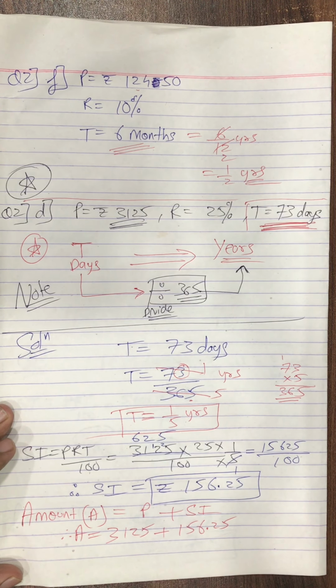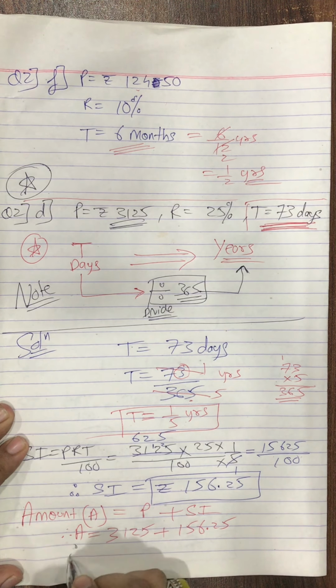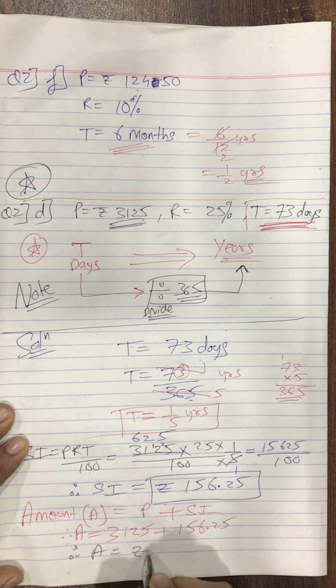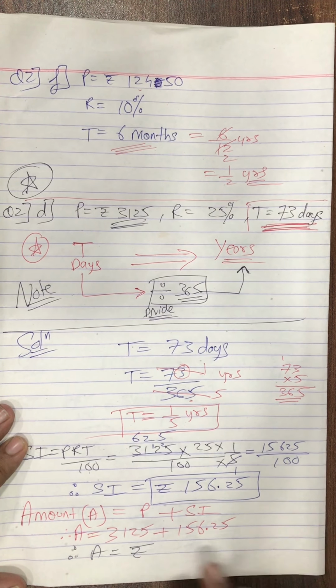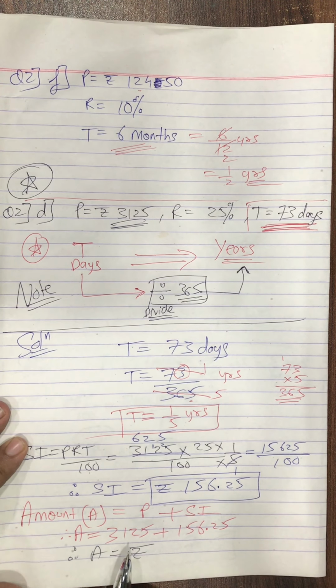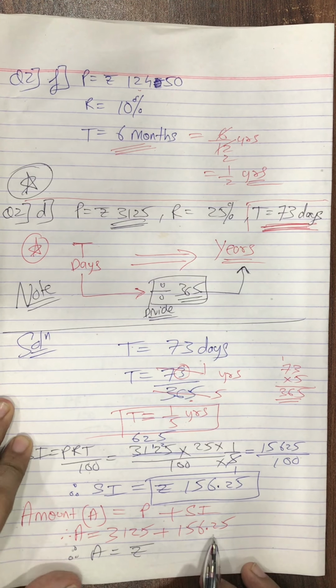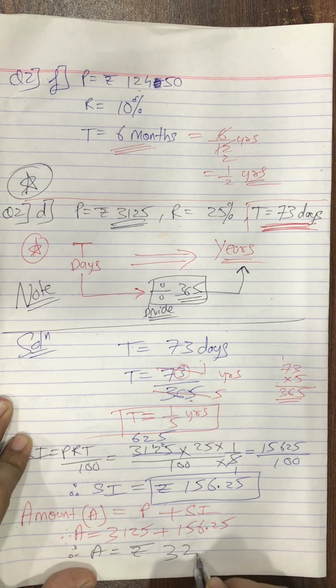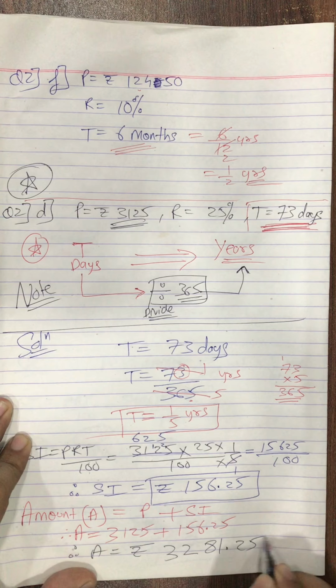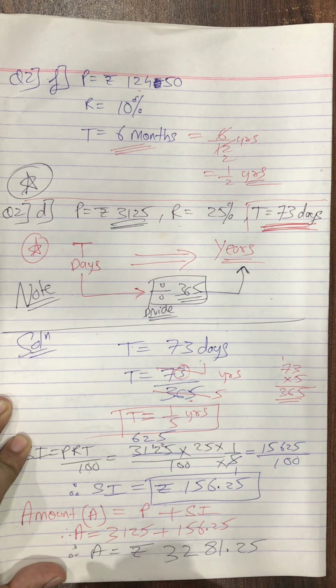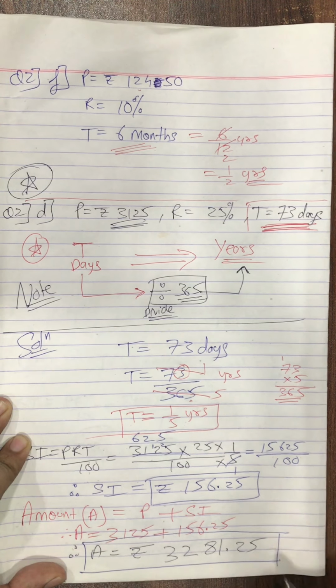So the amount is 3125 plus 156.25, which gives 3281.25 rupees. Yes, this is my amount, students.